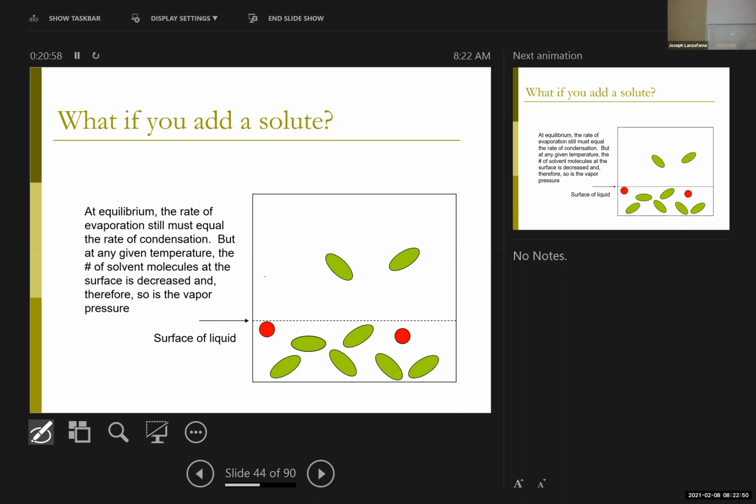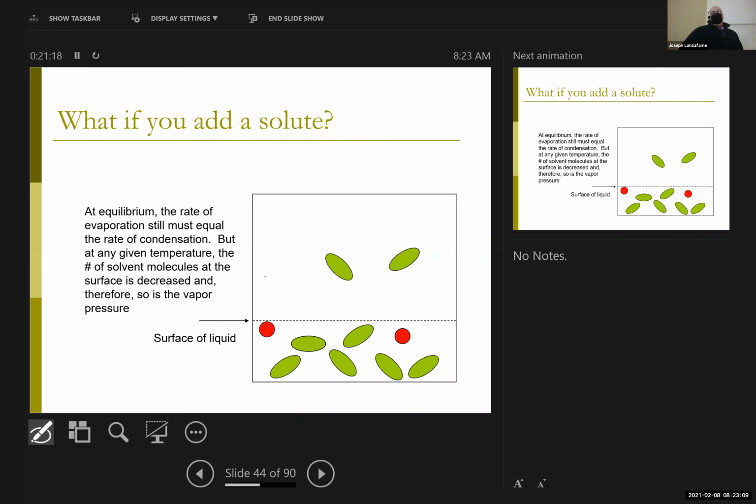They're occupied by the solute. That makes it harder for my liquid molecules to escape. There's essentially a ceiling above them that they bump into.